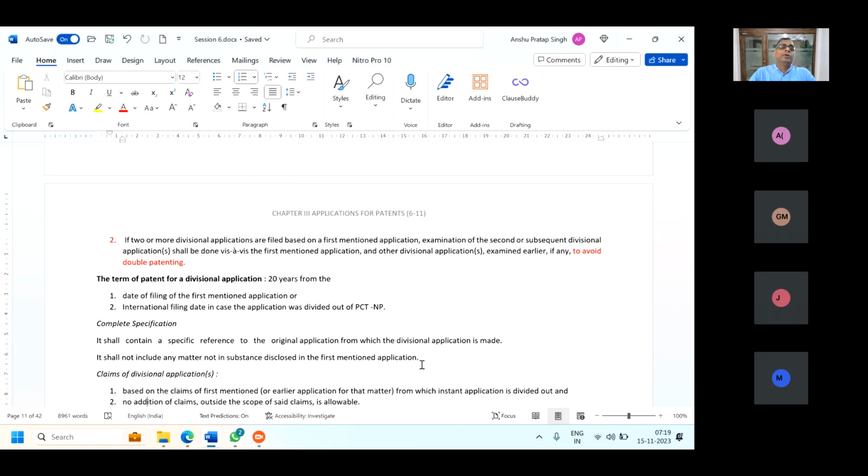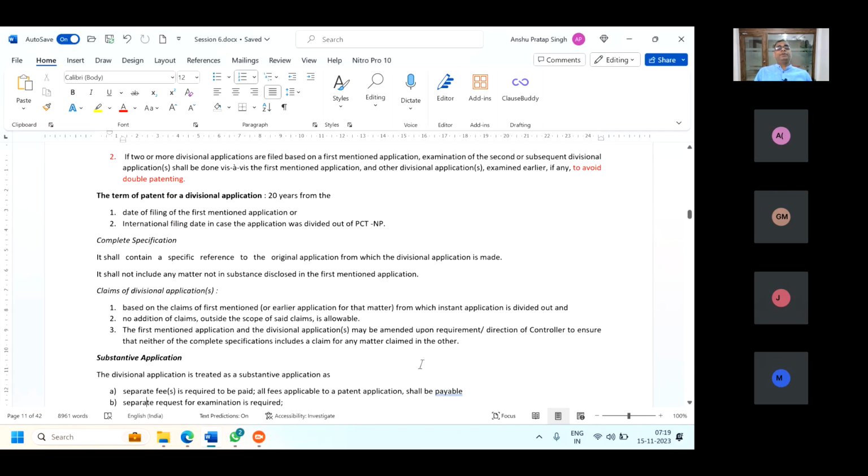Had it been a PCT national phase application which has been divided, then the international filing date, which was the date of filing of the first mentioned application, will be considered as the date of filing for this divisional application also. And the term will start from the date of filing.